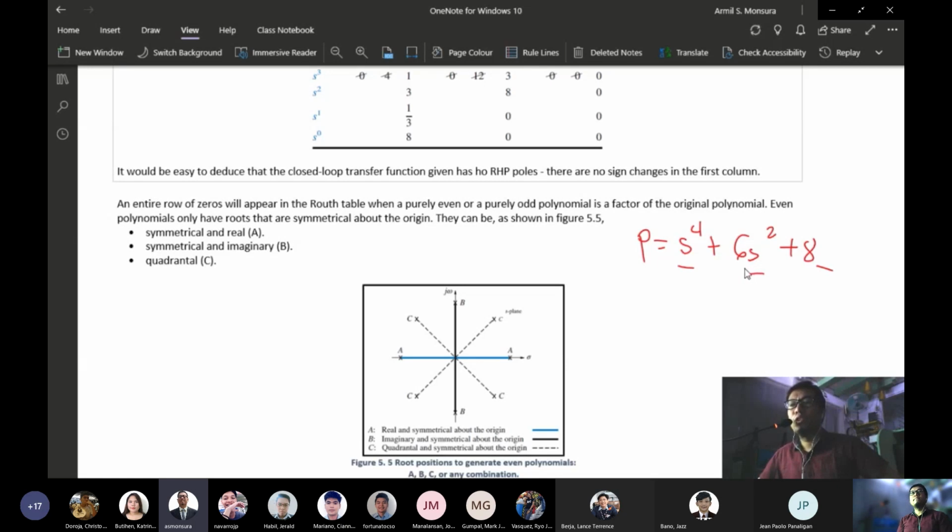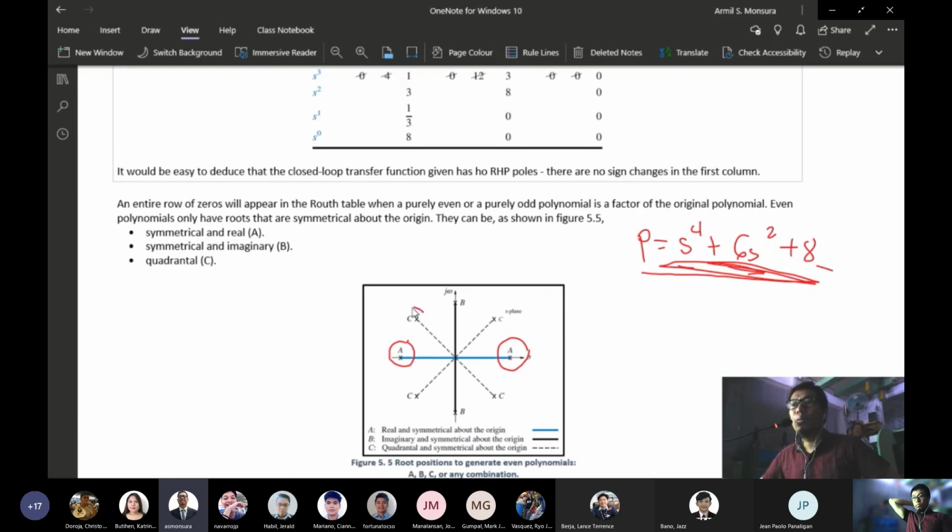Okay. So, what would happen next is this. Itong even polynomial nyo ngayon, pag kinuha nyo yung poles niyan, since even nga siya, ang mangyayari dyan is yung mga poles niyan symmetrical. Okay. So, kung symmetrical siya, ibig sabihin, halimbawa, meron siyang pole dito sa left half plane, automatic na meron niyang counterpart na pole sa right half plane. Okay?